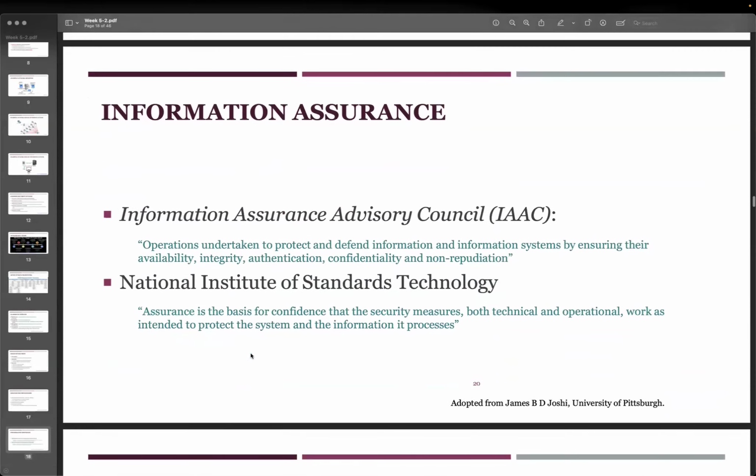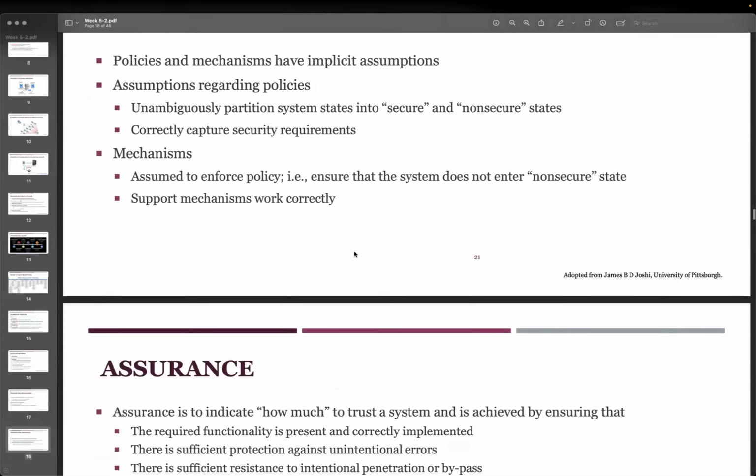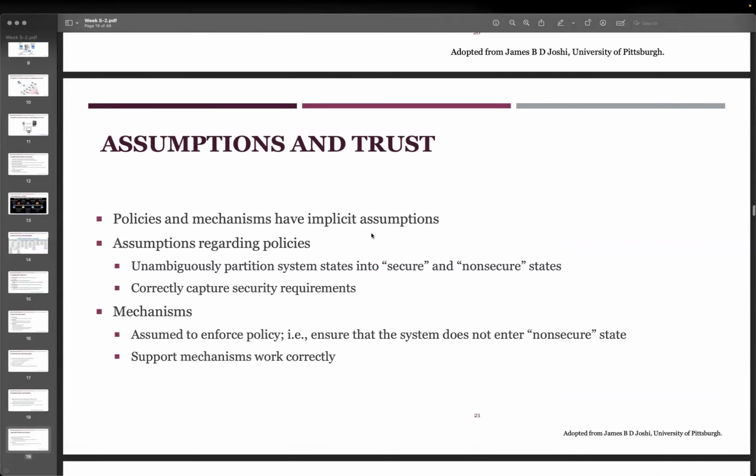And we do have some information assurance bodies, including the IAAC or the National Institute of Standards and Technology. So they have it, so you have the idea. And then for assumption and trust, those policies and mechanisms rest on implicit assumptions.